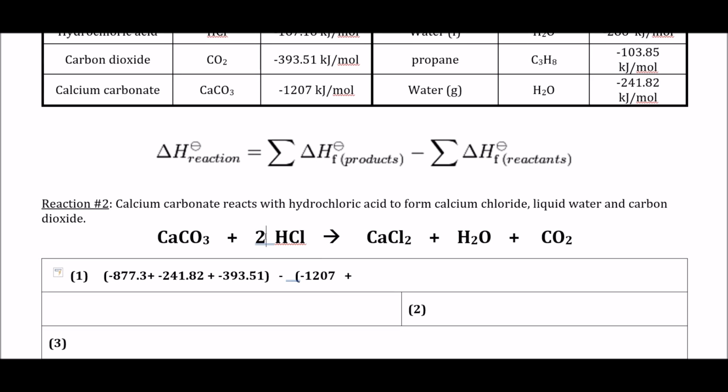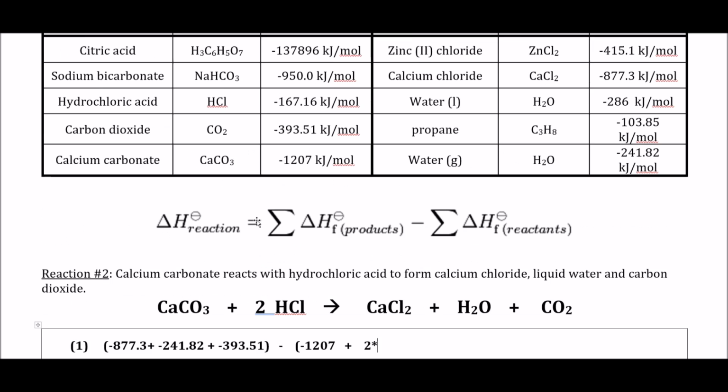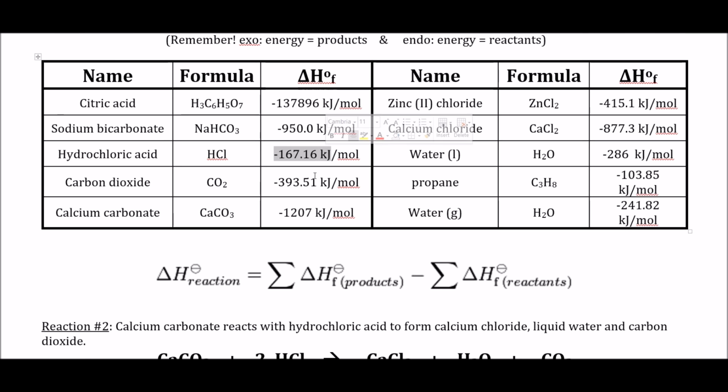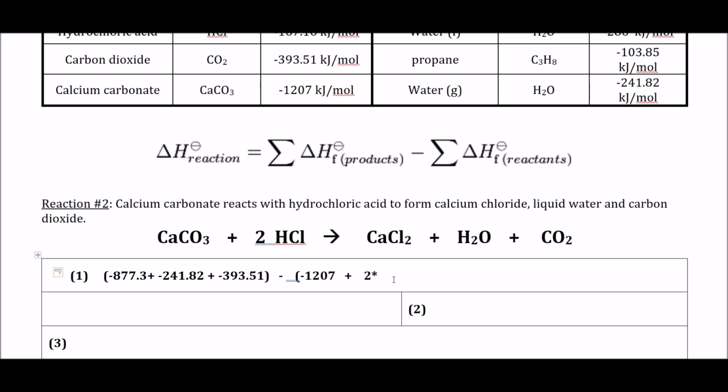Now one thing I'll point out is hydrochloric acid has a coefficient of 2 here. So we need to multiply the heat of formation for hydrochloric acid by 2. Again, whatever the coefficient is, we multiply by it. And so hydrochloric acid is going to be negative 167.16. Put this in parentheses.